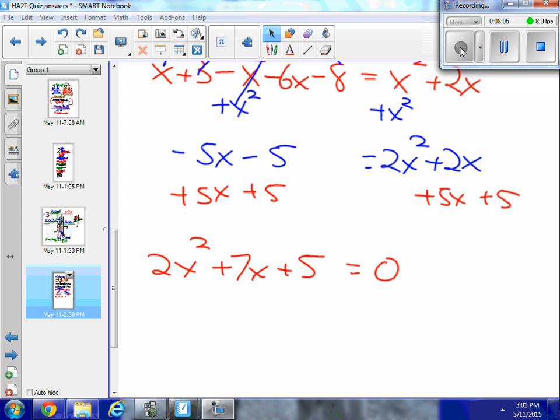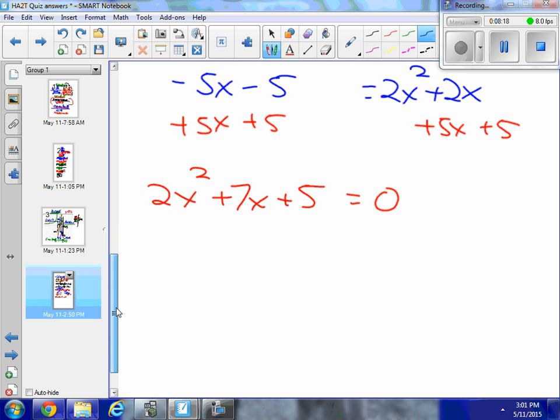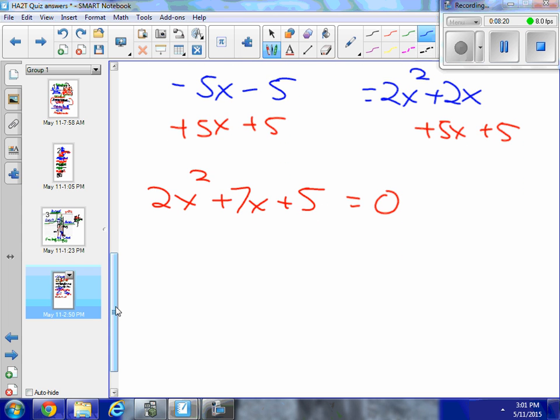The first thing I'm going to do with numbers that are this small, I could go directly to the quadratic formula, or I could go directly to completing the square, but I'm going to try factoring it, and I'm going to use the surefire method, which if you don't remember that, there's a good video on it. So I'm going to take the a times the c, so 2 times 5 gives me 10.